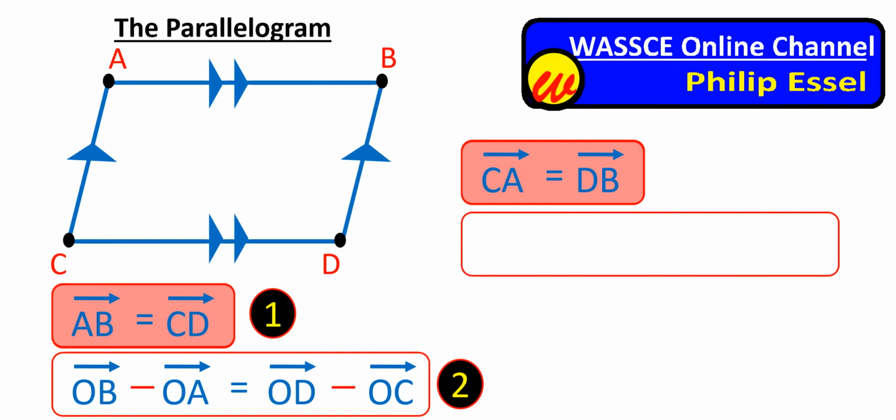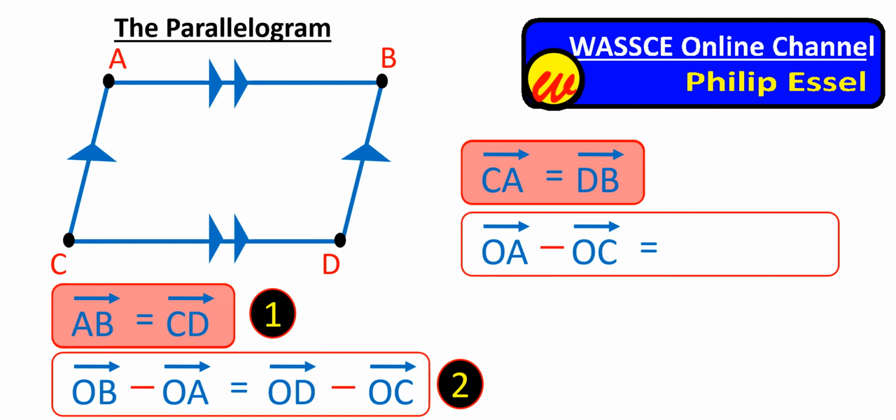Again, in this case, we need to note that we can expand this vector expression by resolving the individual vectors into their component position vectors. For us to do this, let's first write the equal sign between the two vectors. When we resolve the vector CA into its component position vectors, we would get vector OA minus vector OC.